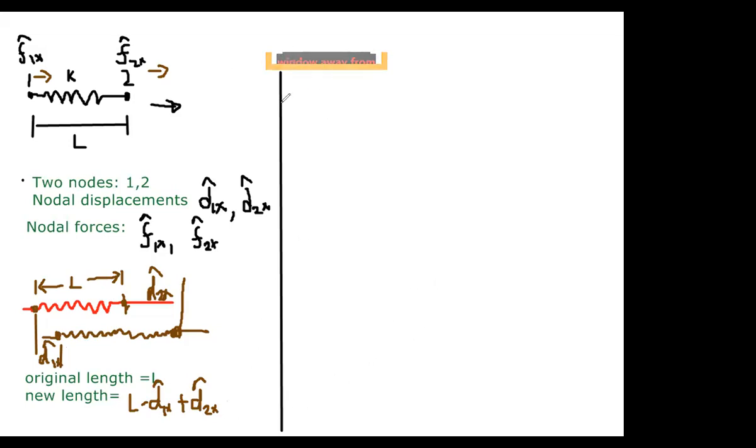So the extension would be d2x hat minus d1x hat. I'm using a mouse to write, so my writing may be bad. That will be the extension.